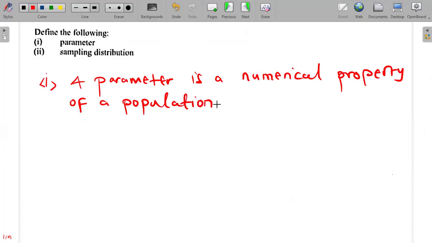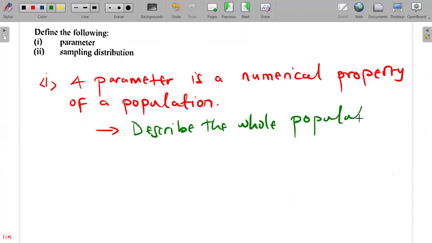So in short, this parameter should describe the whole population that you're dealing with. Let me give an example. If you want to find the average age of all the students at UNZA, you're talking about the average of the whole population because you are talking about all the students at UNZA.